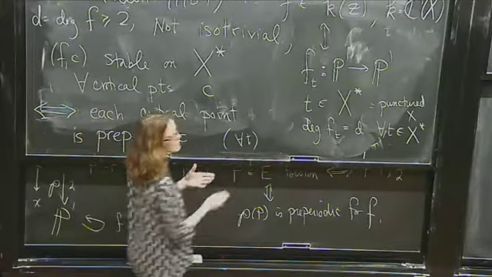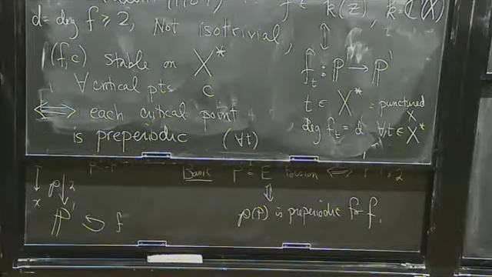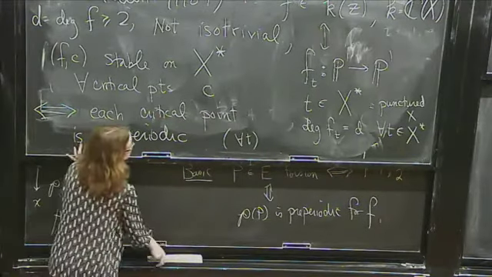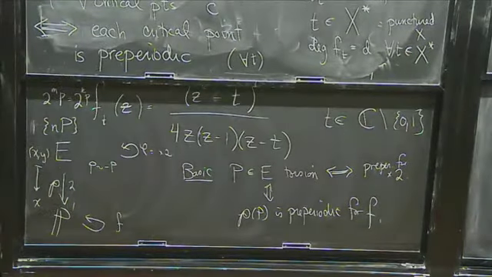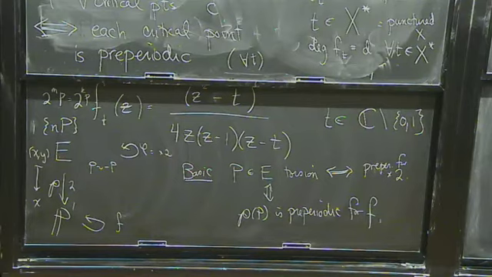So for all t, these critical points are persistently pre-periodic. So this is a rigidity statement about stable families. If it's stable on the entire domain, the entire punctured Riemann surface, then these critical points actually all have finite orbit.